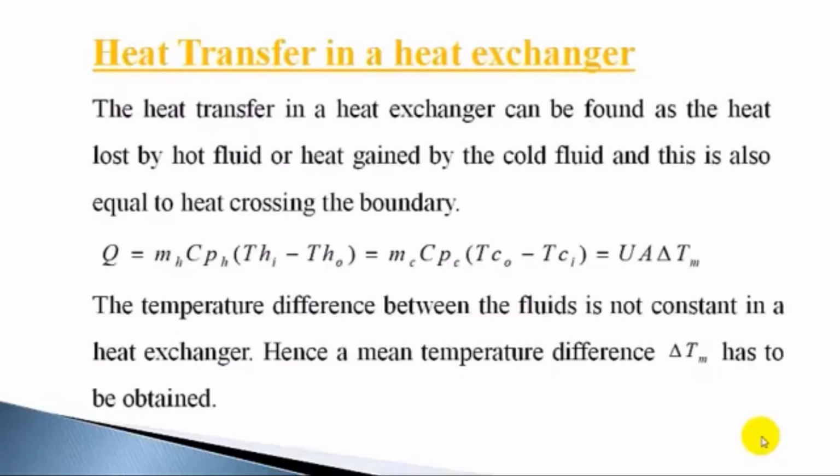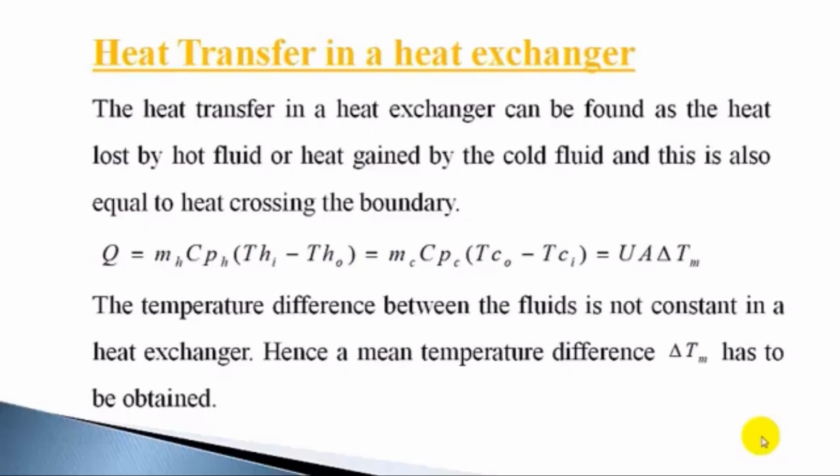Now we will see how we can find out the heat transfer in a heat exchanger. While exchanging heat, the hot fluid's temperature will come down, and for the hot fluid, heat is lost, whereas for the cold fluid, heat is gained. So we can calculate the heat lost by the hot fluid and the heat gained by the cold fluid.